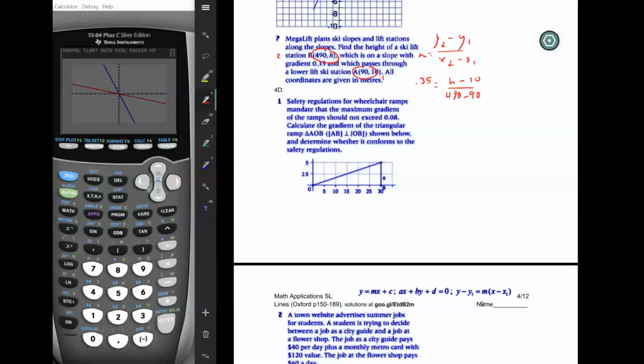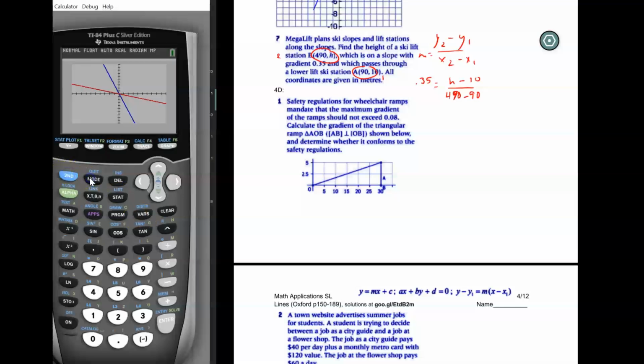Okay, and let me show you how you can do this algebra with the calculator. So you go to the calculator, get out of here, and then go to Math, and go down to the bottom of Math where it has Solver.